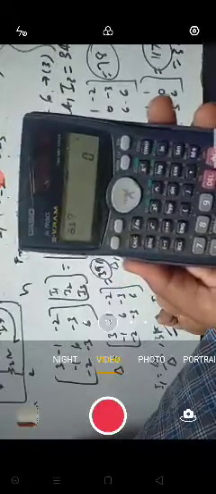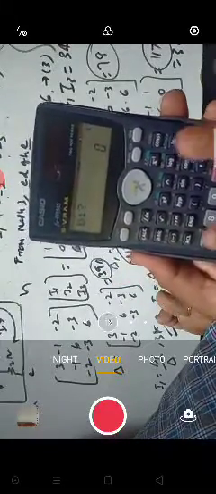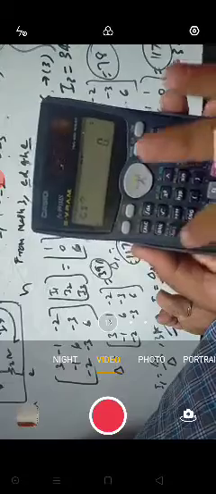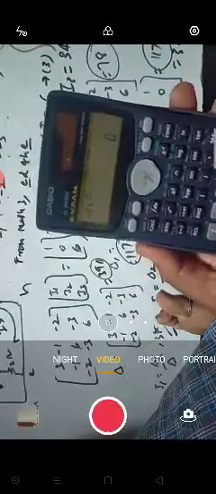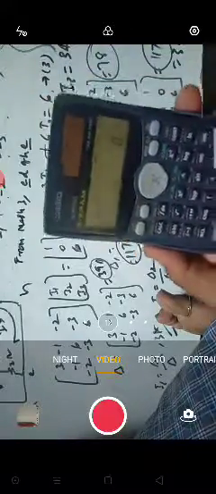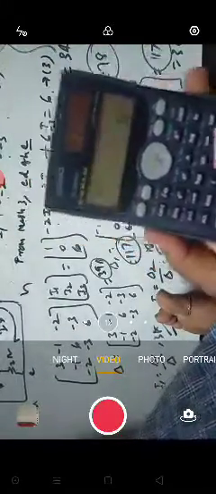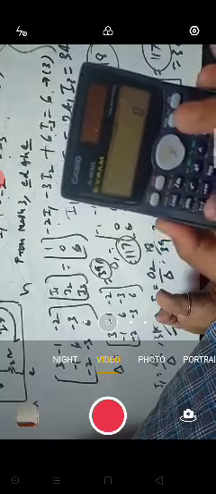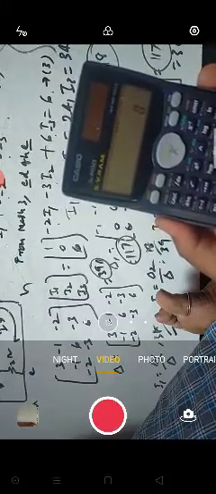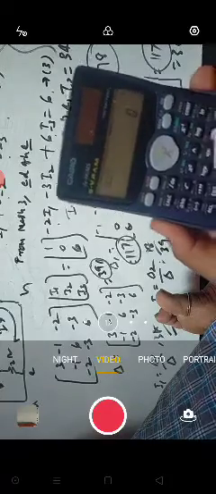I'll put A1 is 3, B1 is -1, C1 is -2, and D1 is 1. Now it is A2. A2 is -1, B2 is 6, C2 is 3, and D2 is 0.